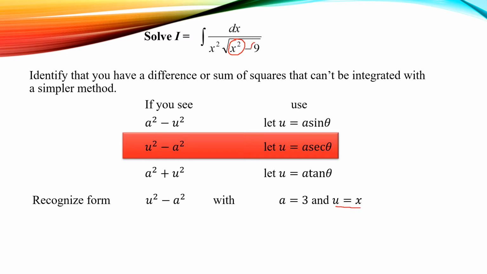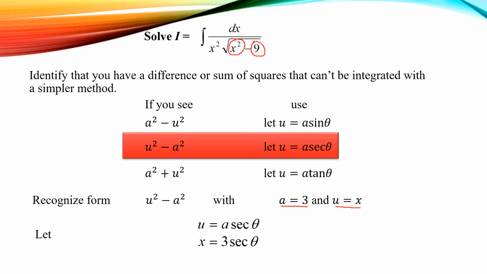And the a squared is 9, so the square root of that is 3, so a equals 3 in our particular integral. With u equal x and a equal 3, x is going to be replaced in our problem with 3 secant theta.